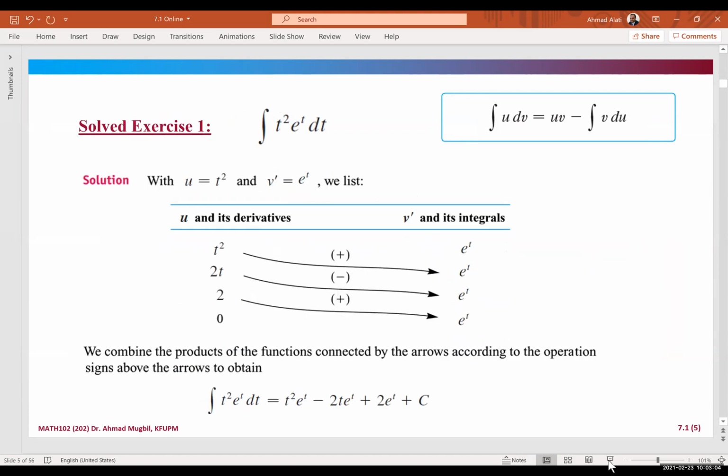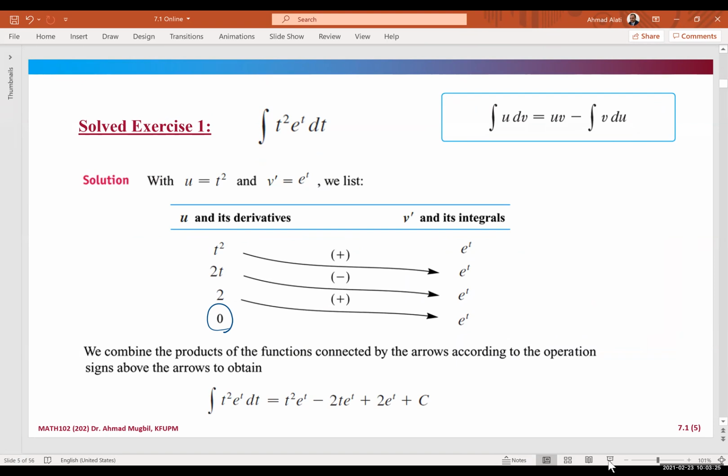And of course, it will be much easier if you use the tabular method. Just put a table. Here, put u and its derivatives until you get 0, because it is a power function. And here, put dv and the integrals of dv. Then multiply with alternating signs: positive, negative, positive.